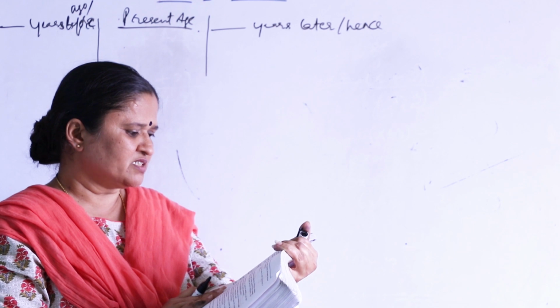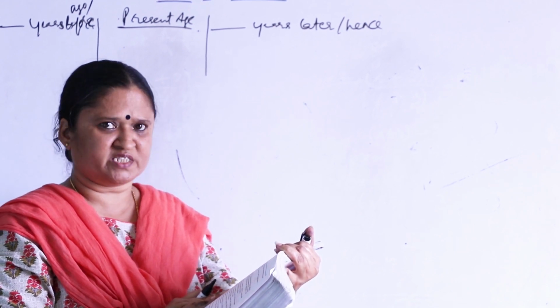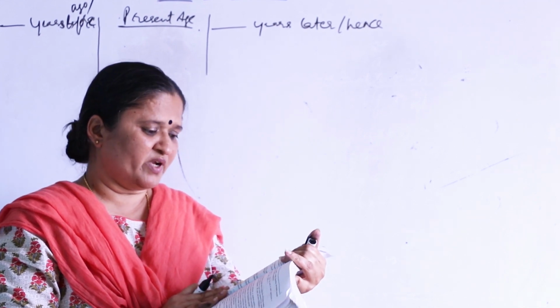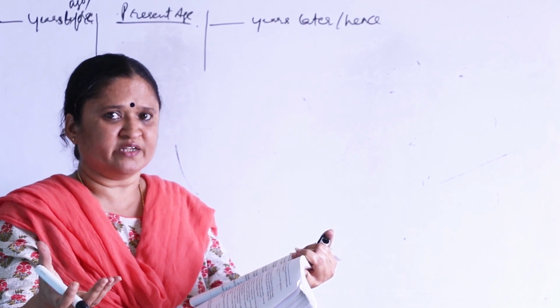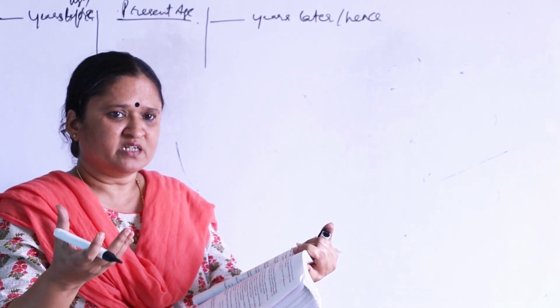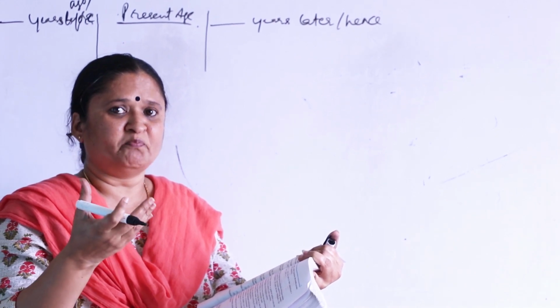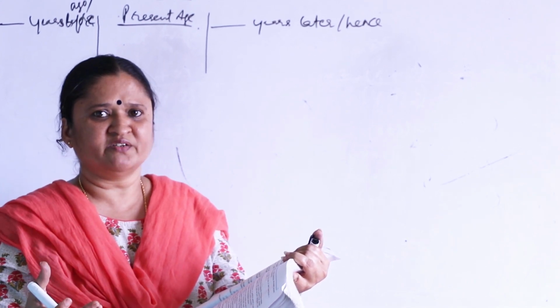Now 5 years hence the age of Jacob will be 3 times that of his son. Here Jacob's age in this statement is depending on the value we get for his son's age. That means Jacob's age will be the dependent variable, and the son's will be the independent variable.